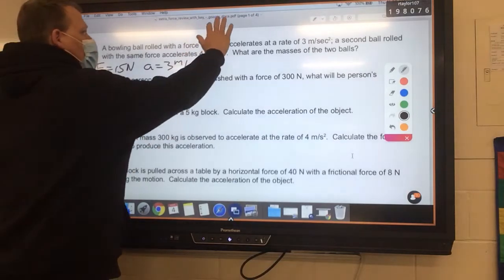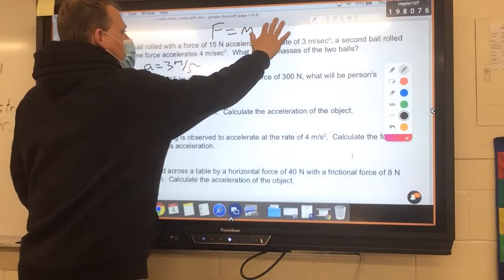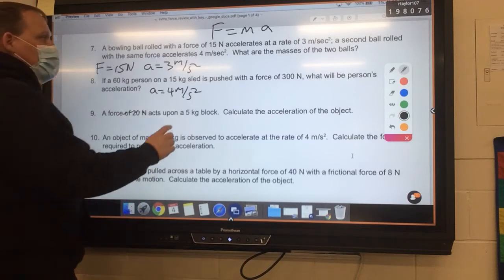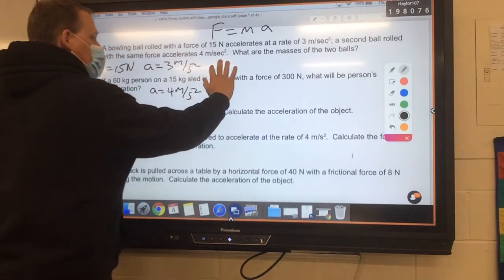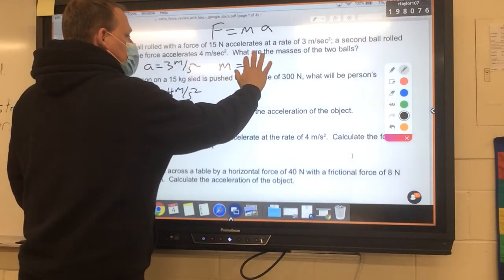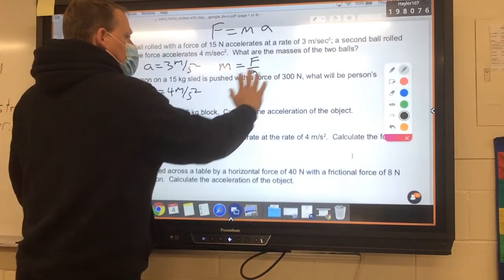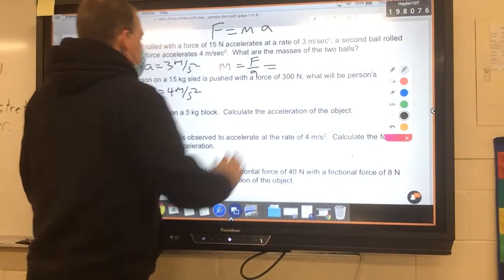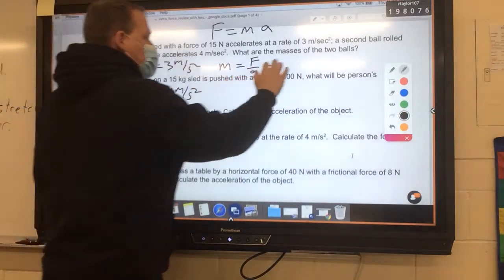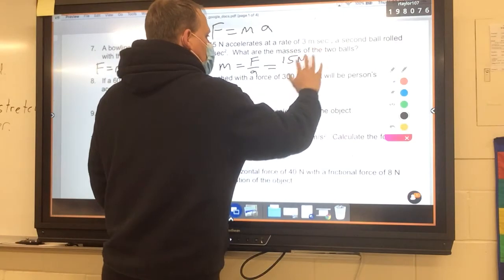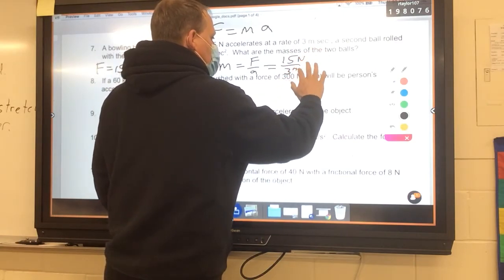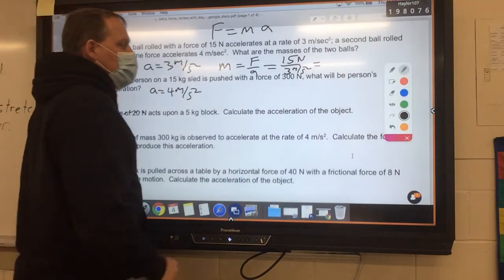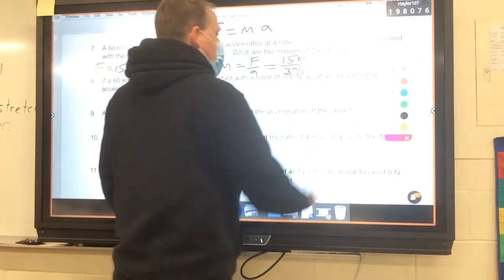So again, we know F equals ma. That's our starting formula. If I divide both sides by a, I'm going to get that mass is equal to force divided by acceleration. And if I substitute in 15 newtons over 3 meters per second squared, 15 divided by 3 is 5.